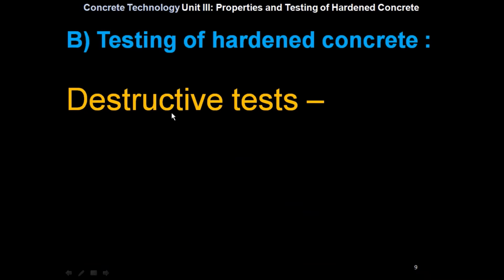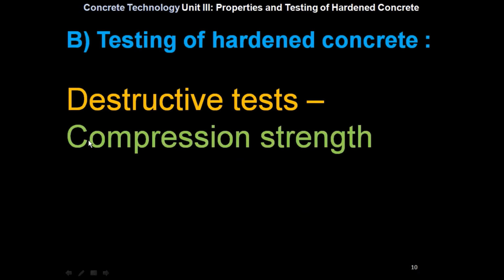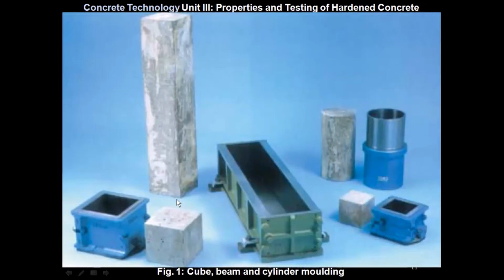So we have seen the destructive test. Now we will see the destructive tests. First, compression strength. This is the figure showing the cube mold and the cube, then the beam mold and the beam, and the cylinder mold and the cylinder. Similarly here the cube mold and the cube are shown.